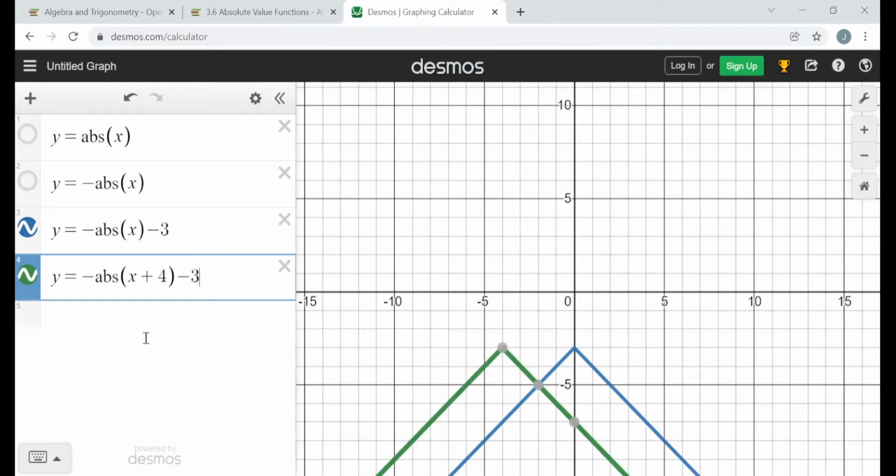You see that blue graph move left 4 for the green graph. And there's our final graph, and you see the vertex, -4, -3, like I stated. The y-intercept at 0, -7, like I had. And then over here, -8, -7, like I had on my picture. And it's the same graph I drew by hand, same exact stuff.